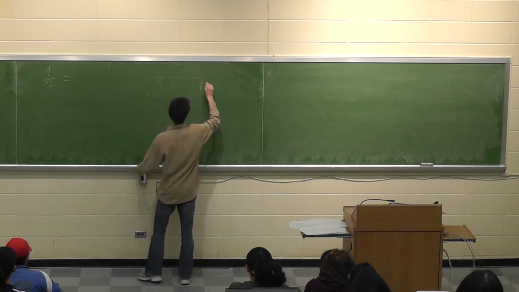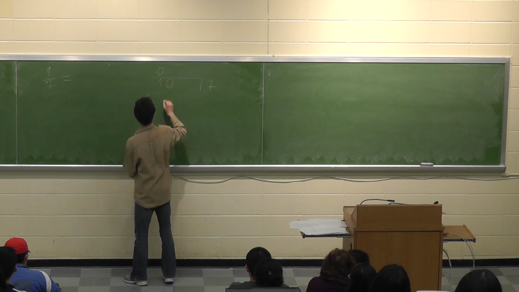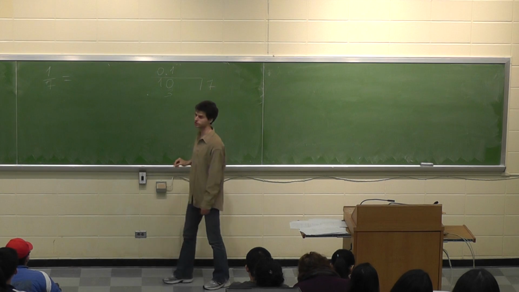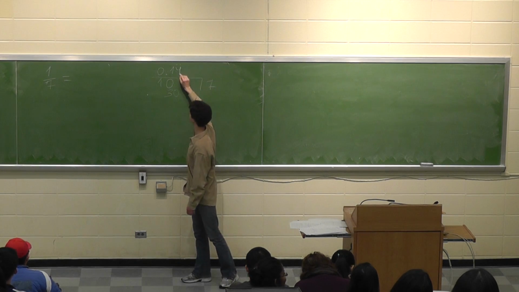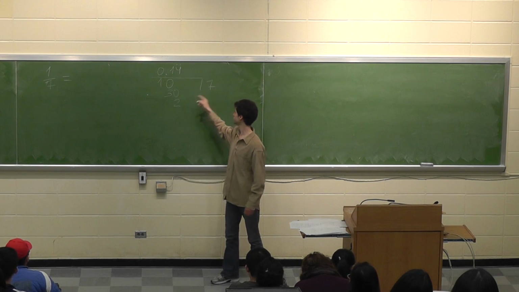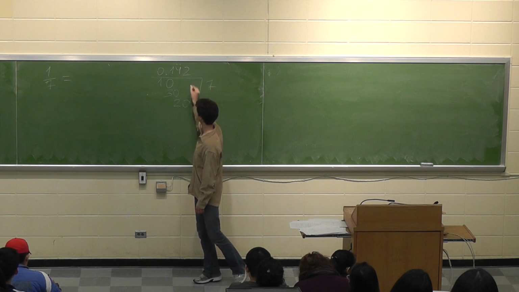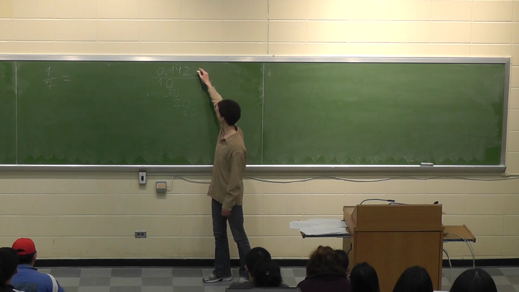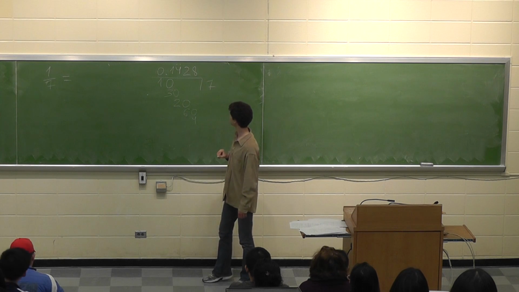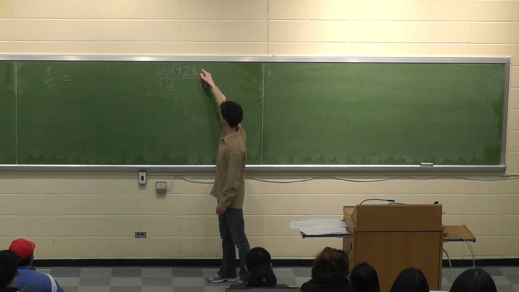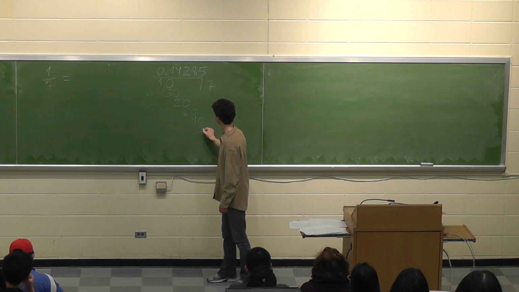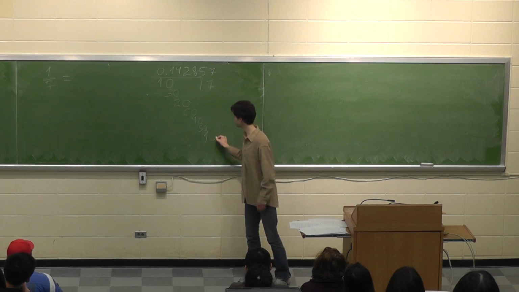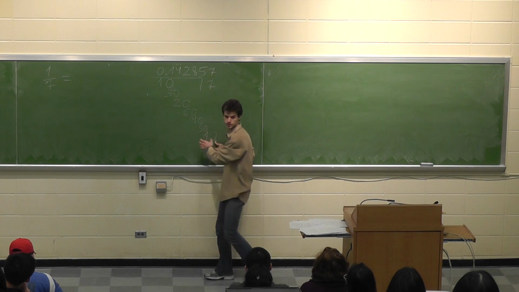You just take 1, you divide it by 7, you get 0 point, then you have 10, which you divide by 7, you get 1, the remainder is 3, then 30 divided by 7 is 4, the remainder is 2, then 20 divided by 7 is 2, the remainder is 6, 60 divided by 7 is 8, the remainder is 4, 40 divided by 7 is 5, the remainder is 5, 50 divided by 7 is 7, the remainder is 1, and then it repeats, because here you have 1, then you have 10, 30, 20, and so on, so it will repeat.